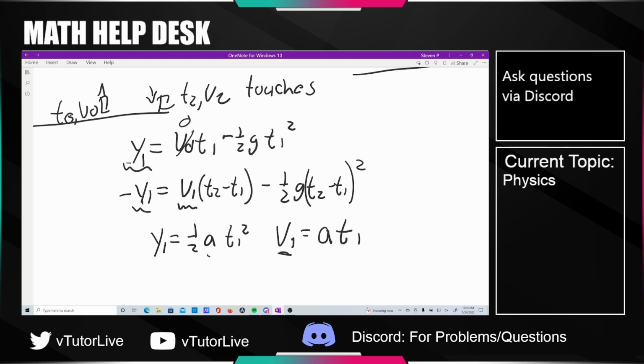So will the acceleration be like a time? Yeah, acceleration will be kind of odd. Sorry, what do you mean?